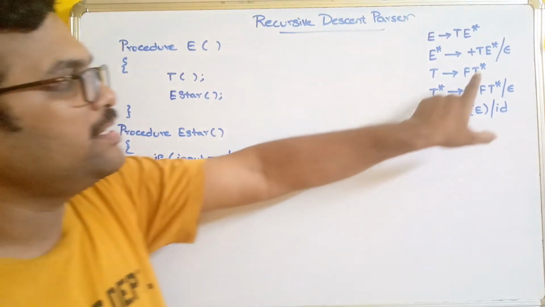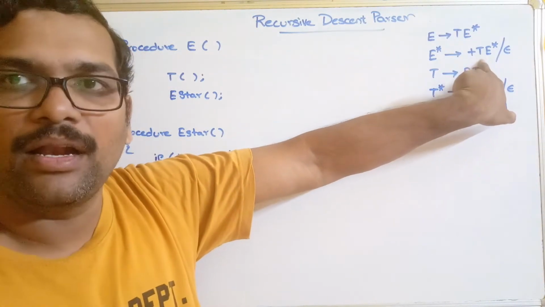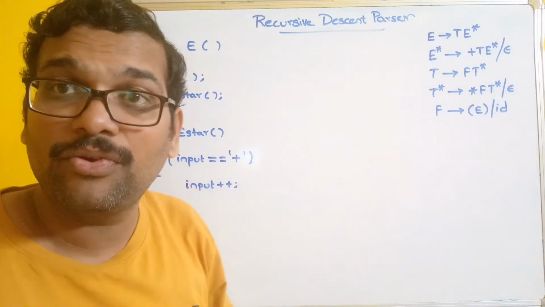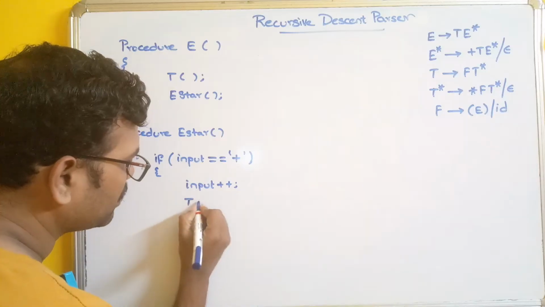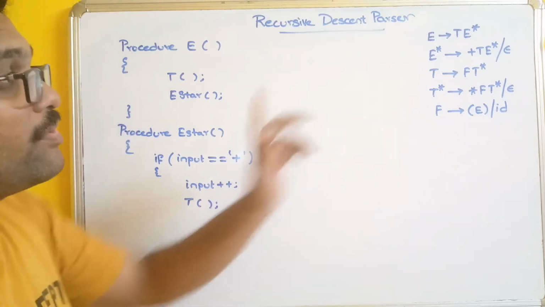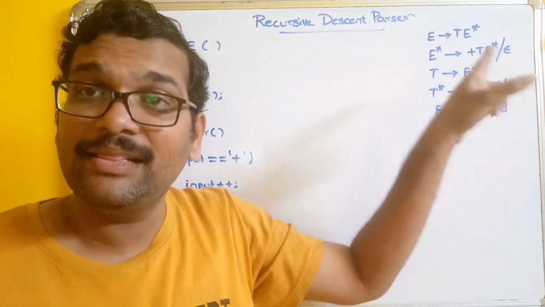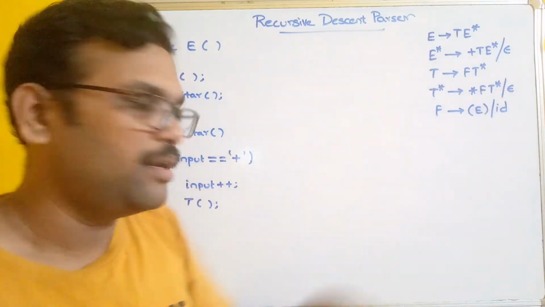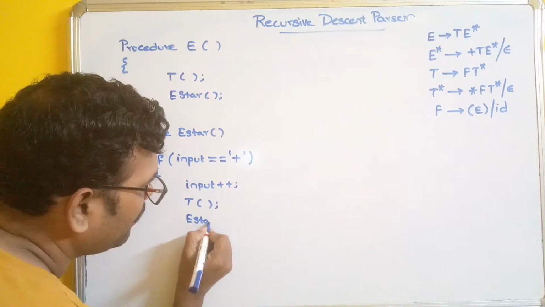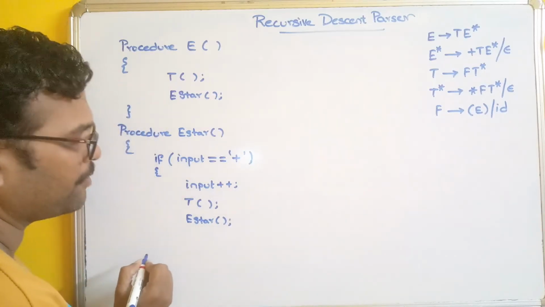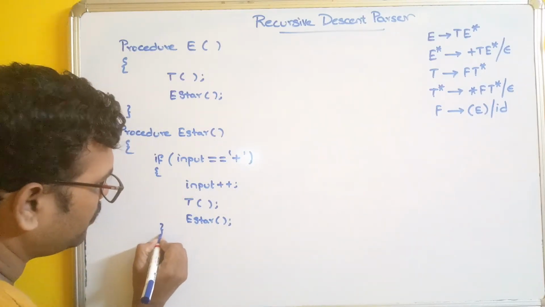After that, what is there? A non-terminal. If it is a non-terminal, we have to call the procedure, so simply call the procedure T. And afterwards E star, once again a non-terminal, so simply call the procedure for E star, and close.